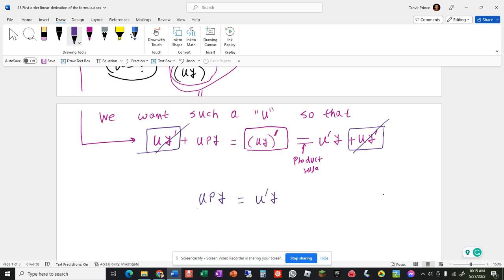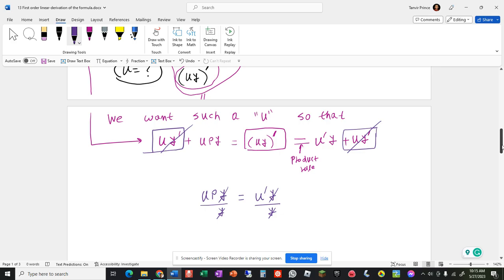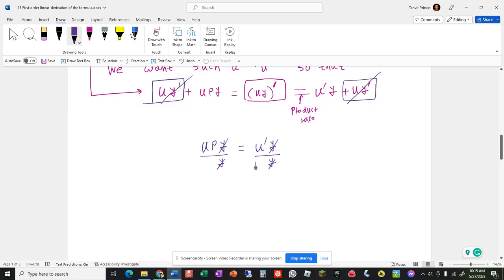Let's divide both sides by y. Whenever we divide by some function, for example y or u, we always understand that we're avoiding those values of x where the function becomes zero, right? Okay, so we have up equal to u'.